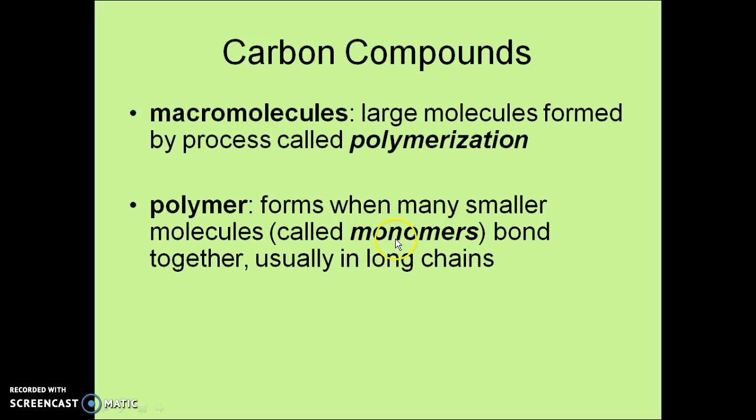For mono, think one or a single unit, and you take those single units and you connect them together in a long chain. That long chain is called a polymer. Poly meaning many, so it's many monomers joined together. Each of the 4 macromolecules, carbs, lipids, proteins, and nucleic acids, have monomers that join together to make polymers.